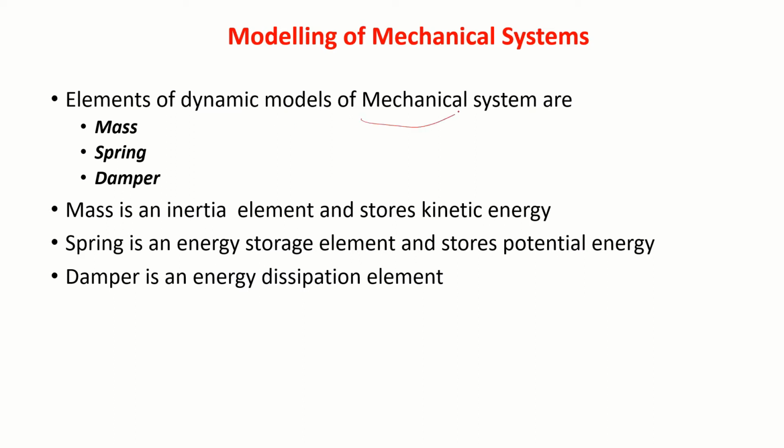Suppose you have a mechanical system. What are the basic dynamic elements of a mechanical system? Even if you take a simple pendulum which is oscillating like this, what are those things here you have?